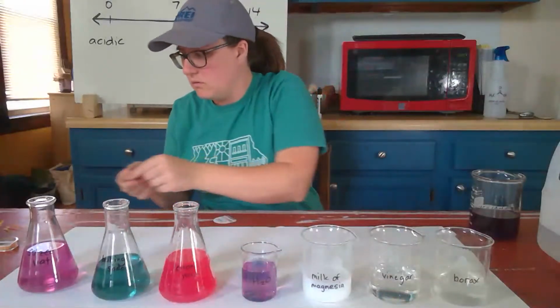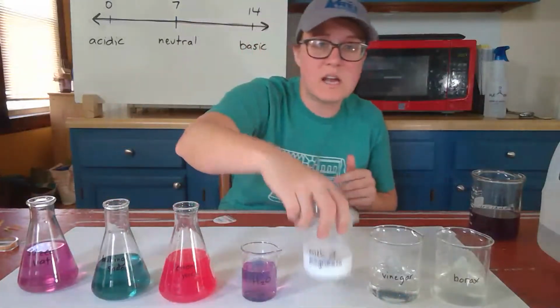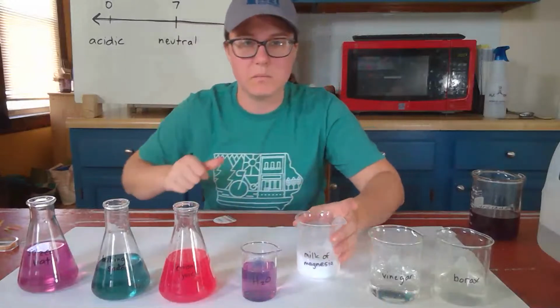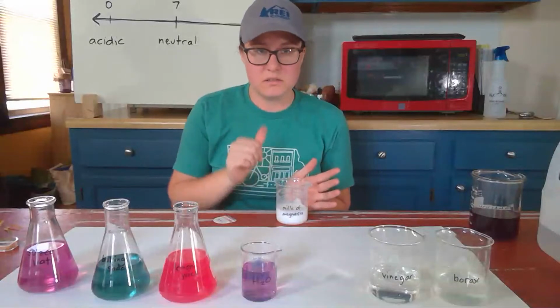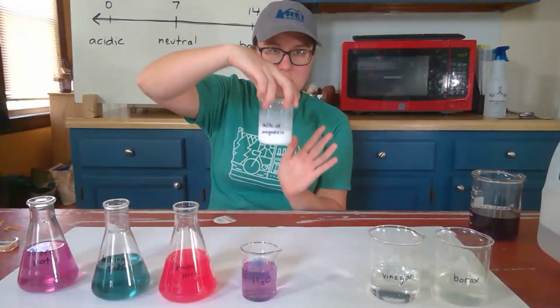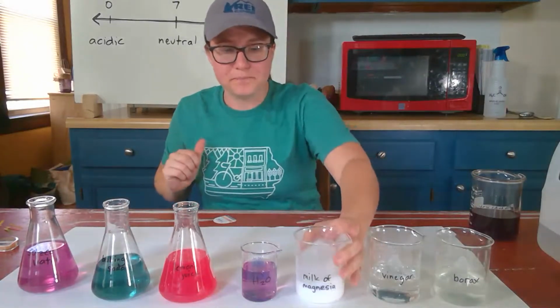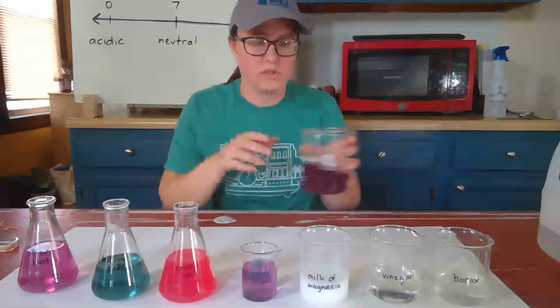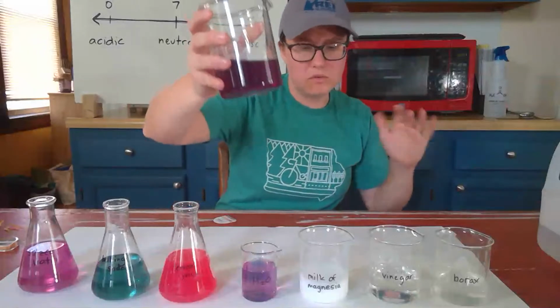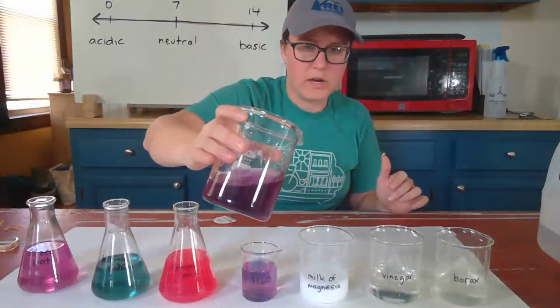Okay, and this is not clear. I know it's hard to see on the white background. I actually put that there because of the red and to make it a little bit easier to see most of them. But milk of magnesia, you can tell, is not clear. But it doesn't have a colored pigment in it, so it should still be close to the correct color.